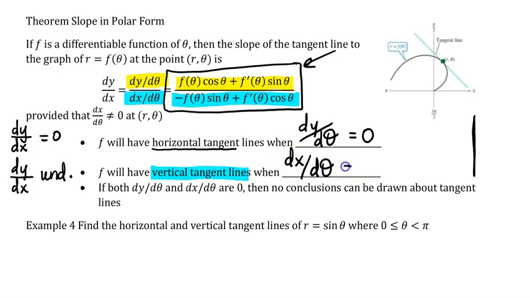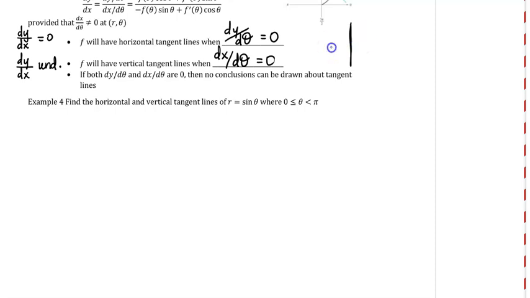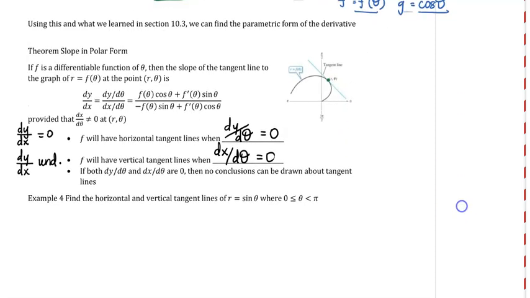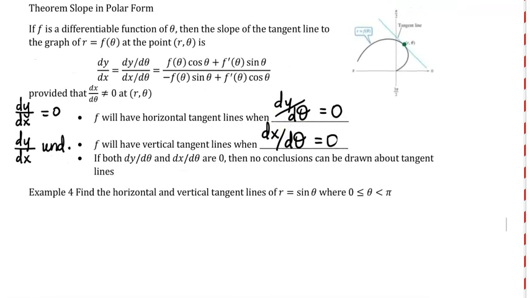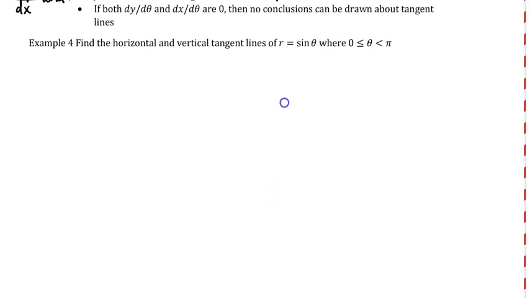So we will have vertical tangent lines when dx d theta is equal to 0. Do note that if both are equal to 0, then we cannot make any conclusions about the tangent line. So now that we have an idea of how to find horizontal and vertical tangent lines to polar graphs using the parametric representation of that polar function, let's look at example 4.